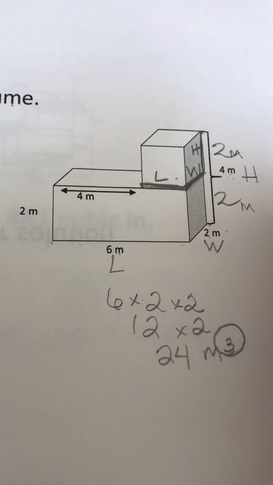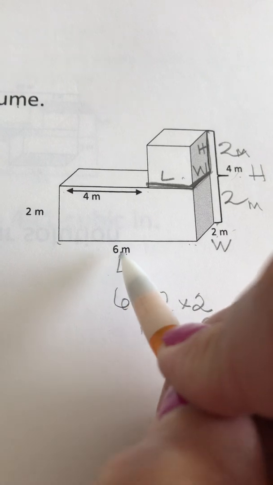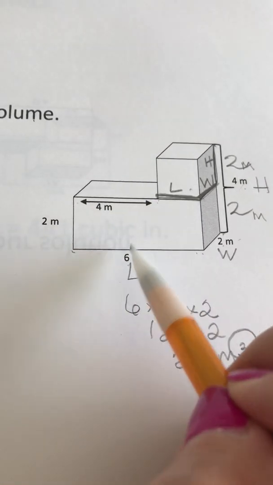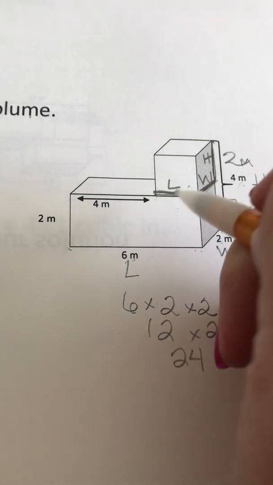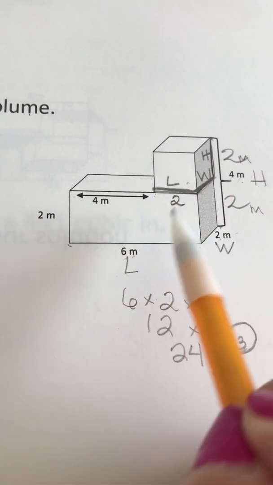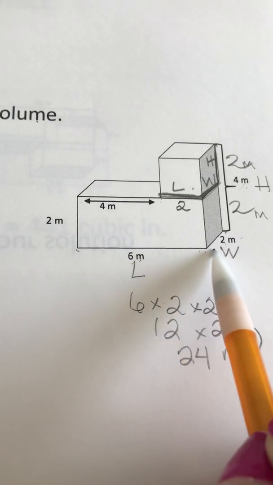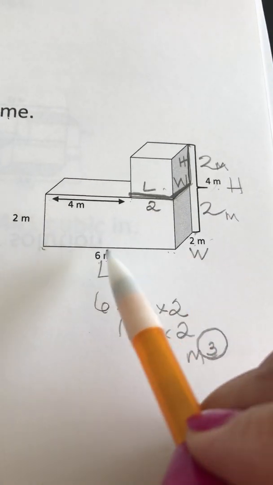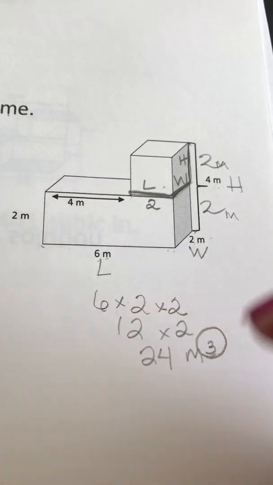Okay, I see from here to here, which is the total, would be 6. From here to here would be 4. So 6 minus 4 would give me 2. See, 4 plus 2 is 6, this whole thing. They just want to know this little bit. So 6 minus 4 gave me 2. So that's my length.